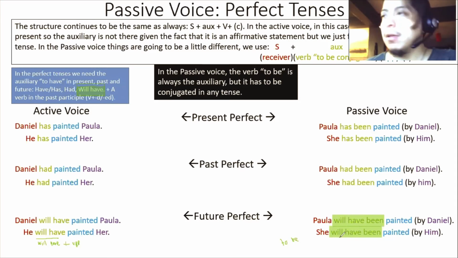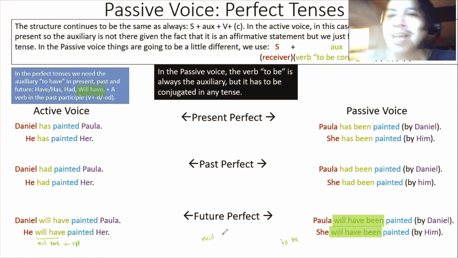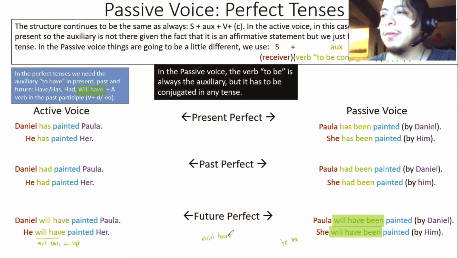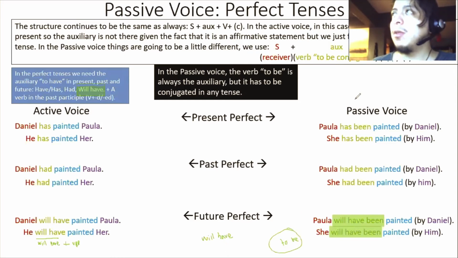So the auxiliary is will have, and then the verb is in the past participle. Which verb? The verb to be. This is the most important verb. Will have been. So Paula will have been painted, okay?